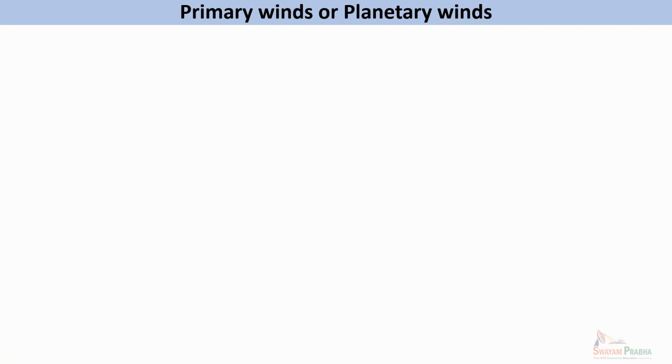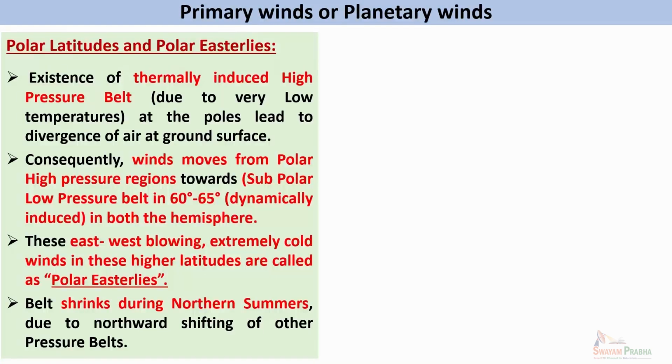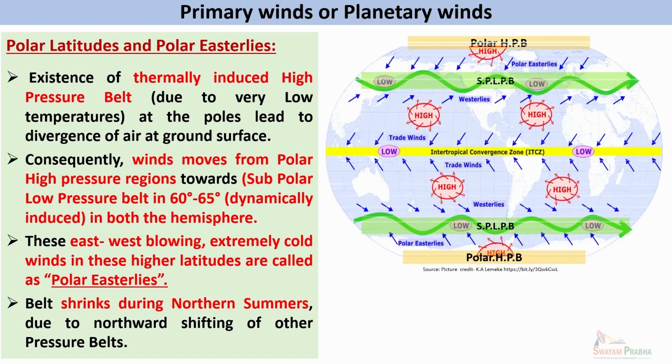Now, coming to the wind circulation in the higher latitudes or polar latitudes of the world. As we know, the polar regions do not receive direct insolation, therefore the temperature in these areas remains very low throughout the year, because of which high pressure exists in the northern polar regions also and southern polar regions also.